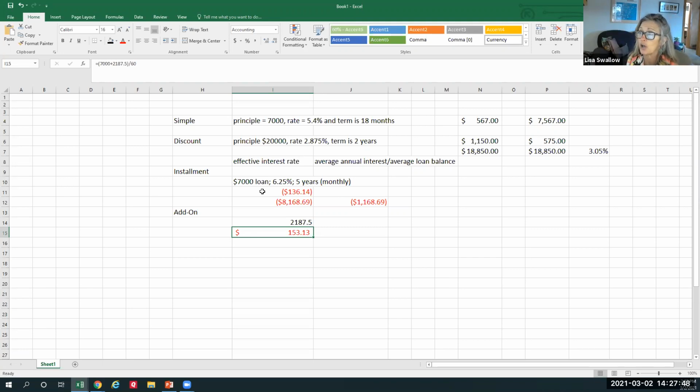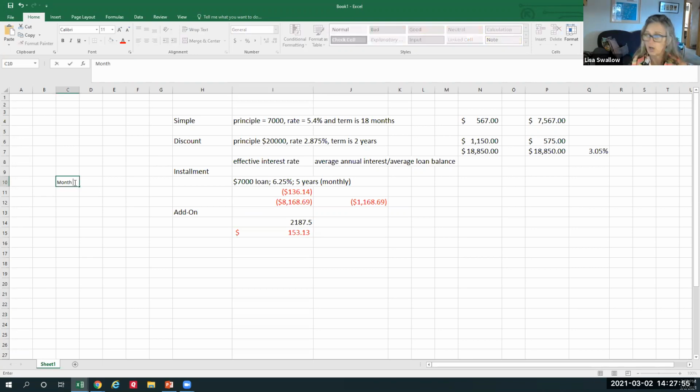So in an installment loan, let me just ask you this, Carson, and I'm totally making these numbers up. Say in month 1 on an installment loan versus month 24.